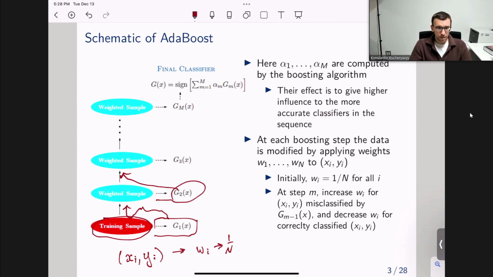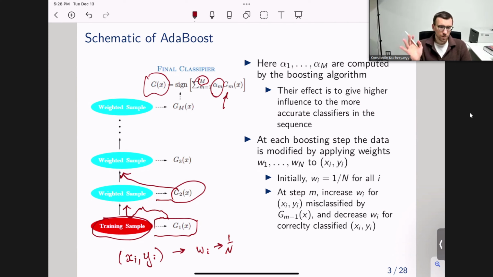Then eventually we combine all these classifiers with some weights alpha, which are also an outcome of this algorithm, to produce the final classifier G(x). And this number M is the important number. This is a hyperparameter.